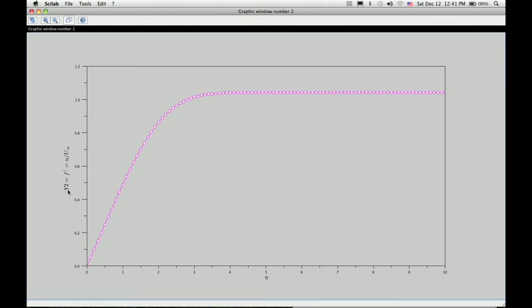So what I have plotted is f dash on the vertical axis and eta on the horizontal axis, that is, how u by u infinity varies with eta. This is the plot that we get.